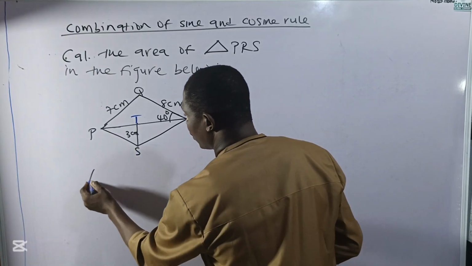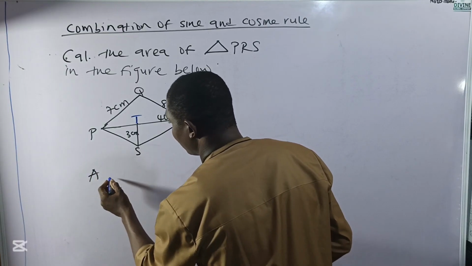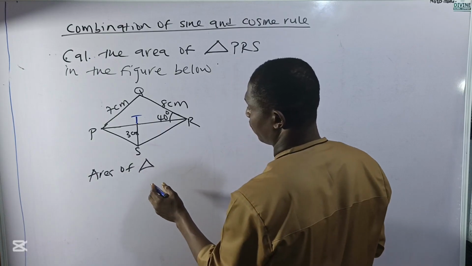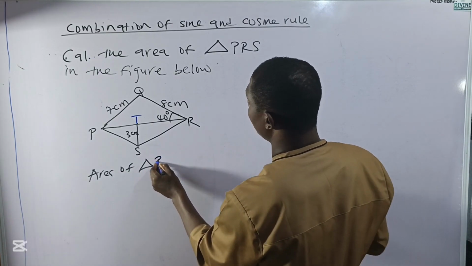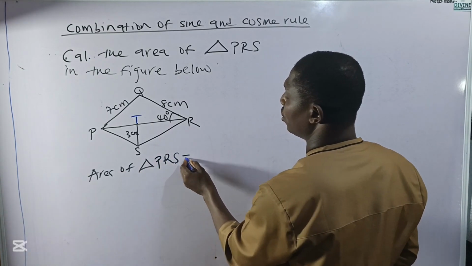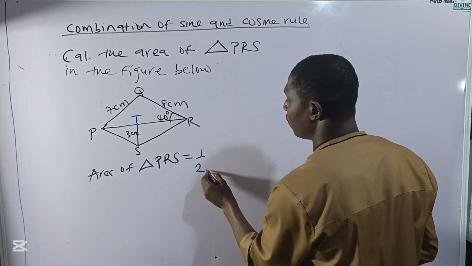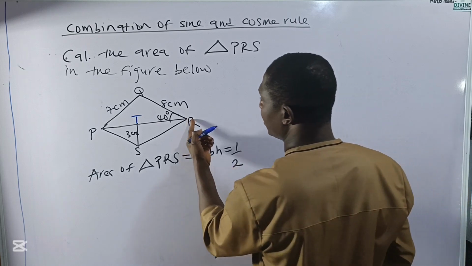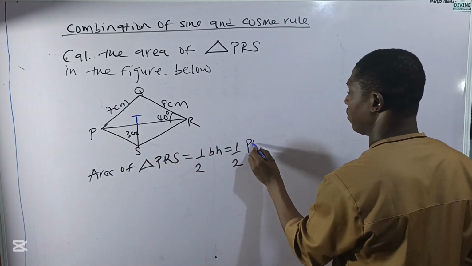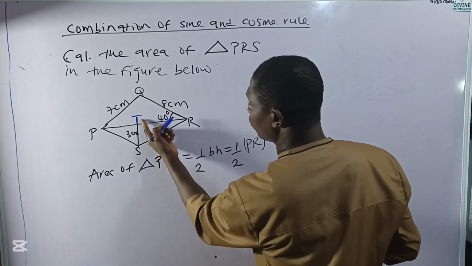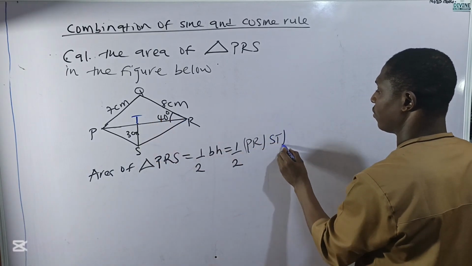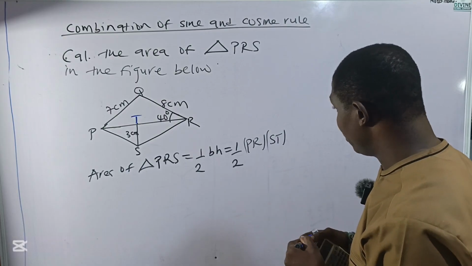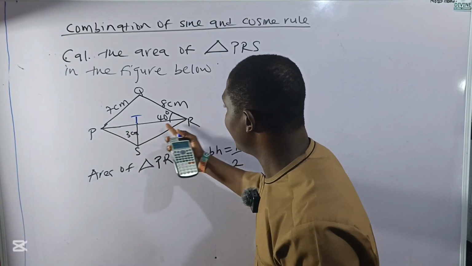So the area of triangle PQR should be equal to half base times height. The base here should be PQ, and the height should be ST. I've gotten my ST, but I don't know my PQ. How can I get my PQ?